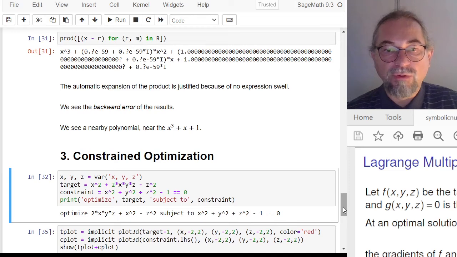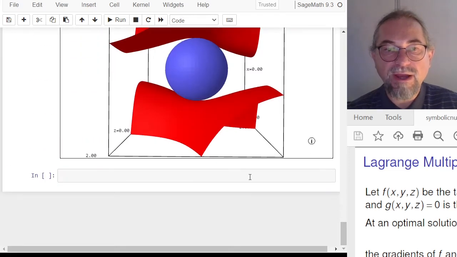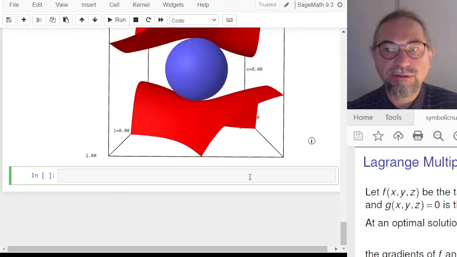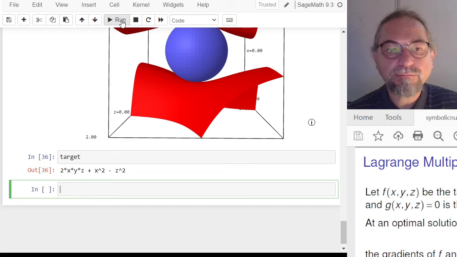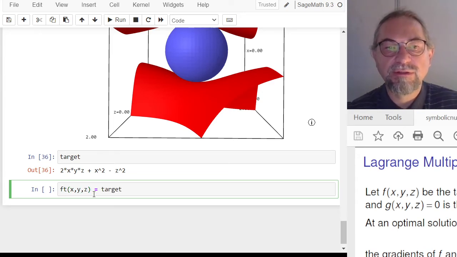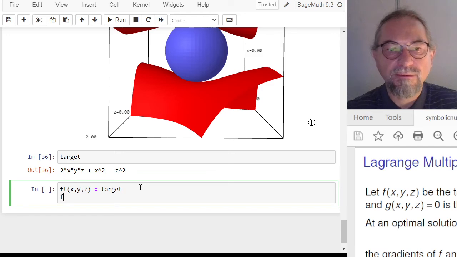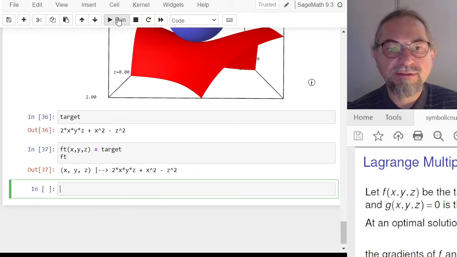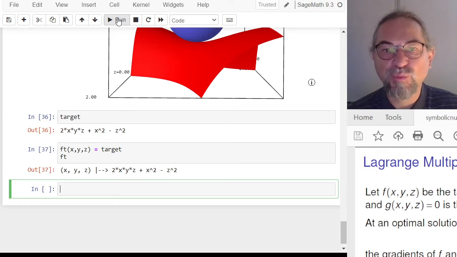Okay, so how do we solve this now? We have to compute the gradient. So I have my expression for the target, and I'm going to turn the target into a function. I can do this simply by setting the expression equal to target.